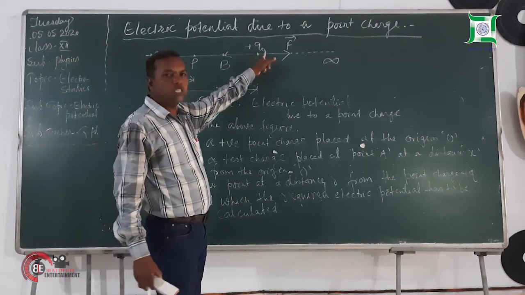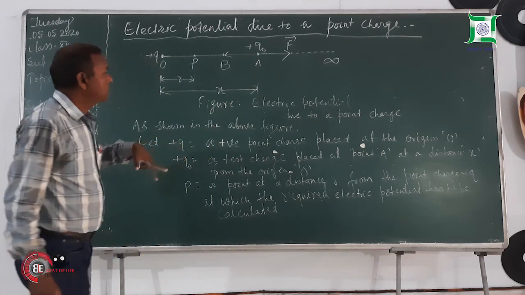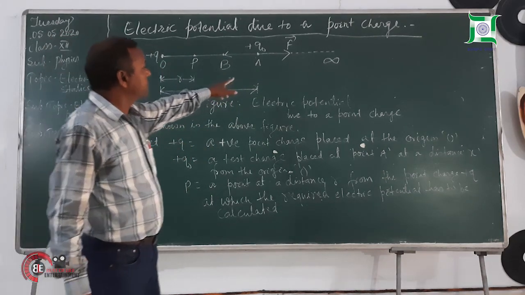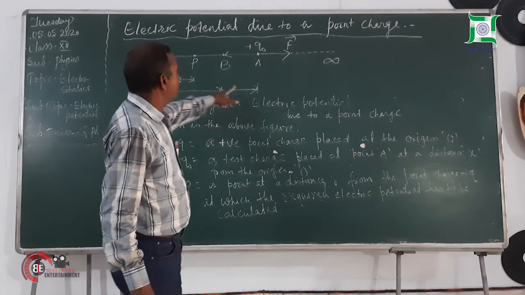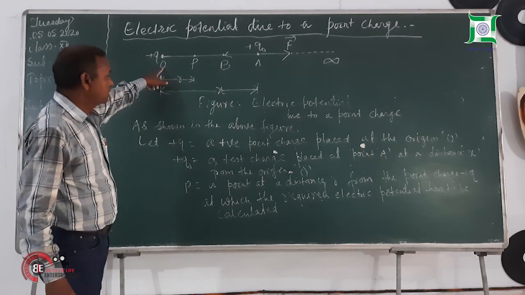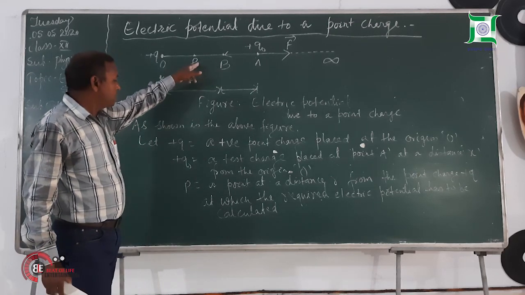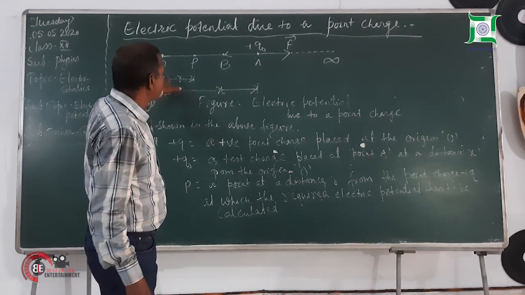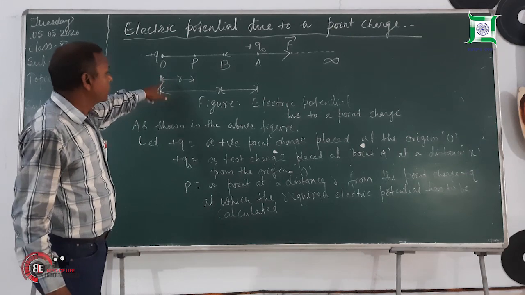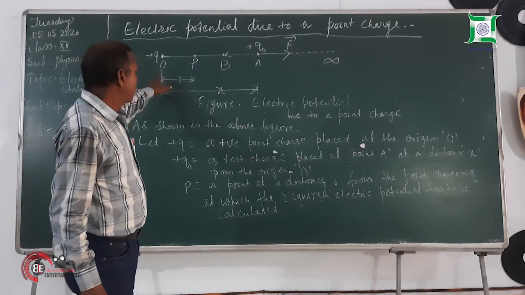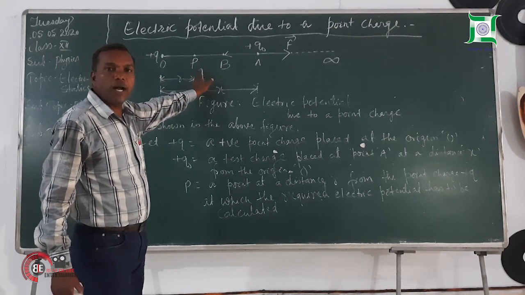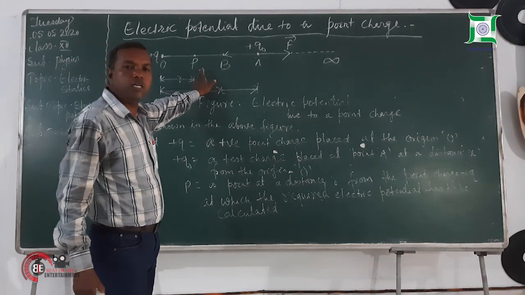Here plus Q naught is a test charge placed at point A at a distance x from the origin O. The point P is at a distance r from the point charge plus Q, at which the required electric potential has to be calculated.